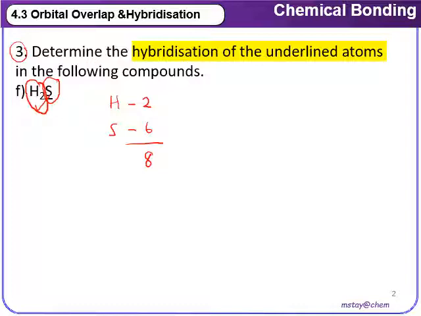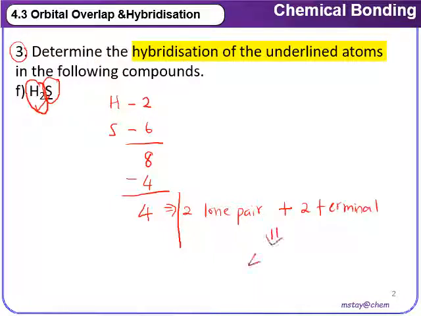Hydrogen always achieves a duplet, so we are going to subtract 4. These 4 extra electrons are going to form 2 lone pairs. Then the 2 lone pairs plus the 2 terminal atoms means we have 4 electron domains. So if there are 4 electron domains, the type of hybridization will be sp3.